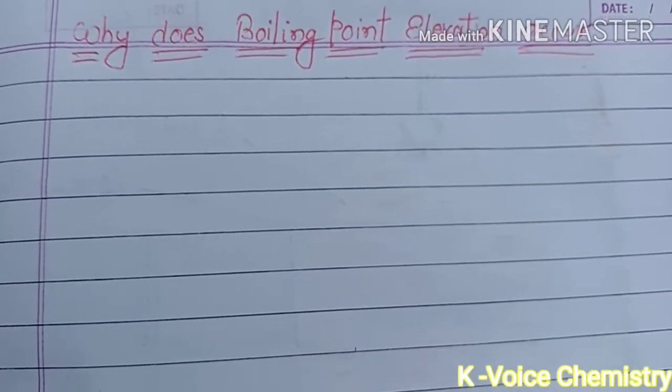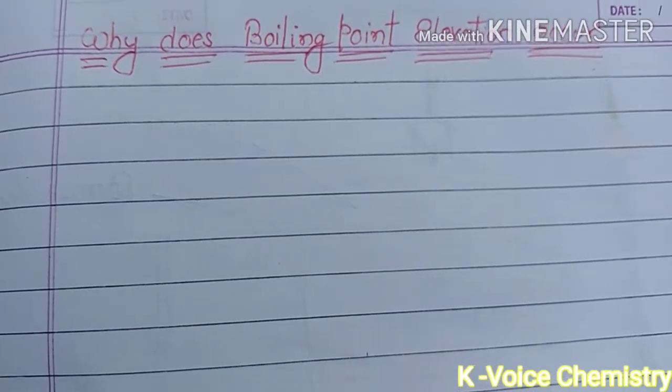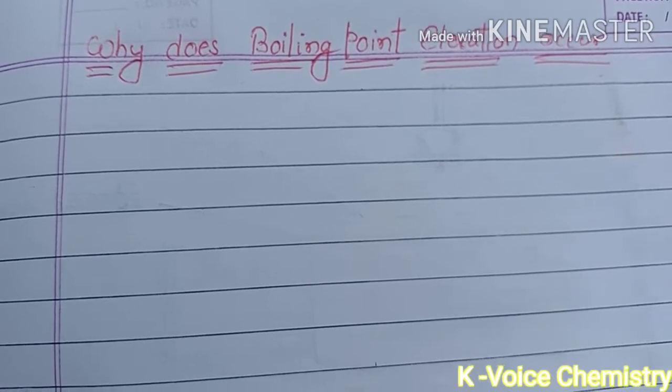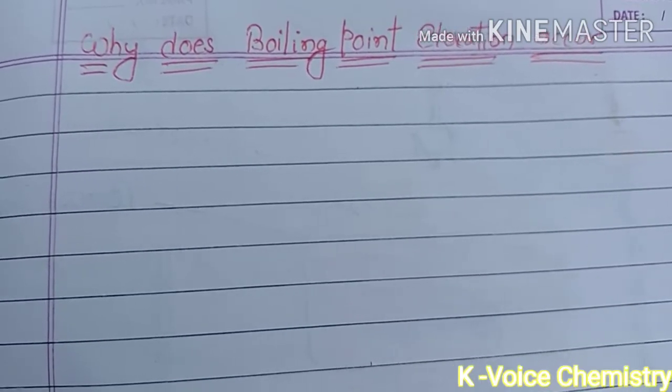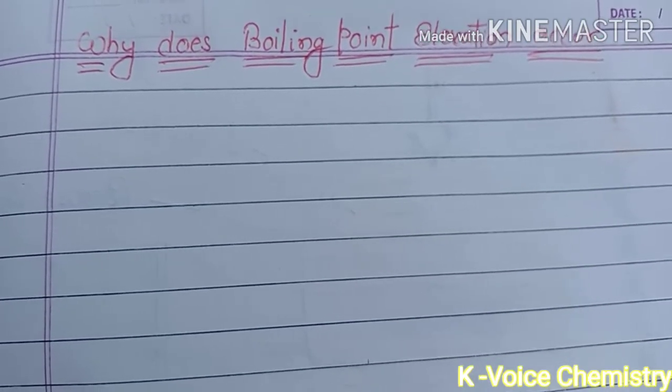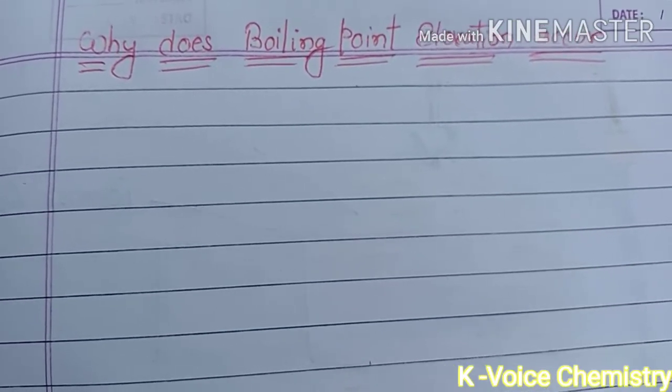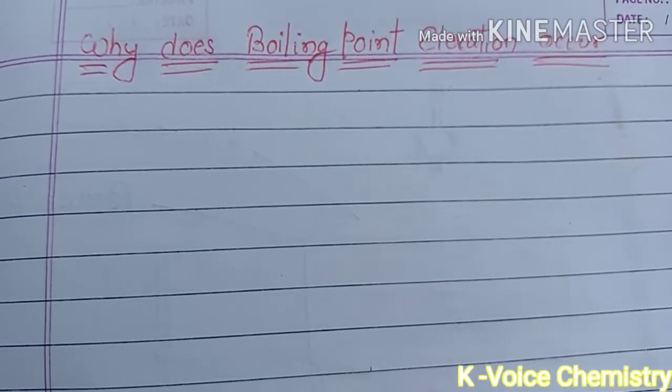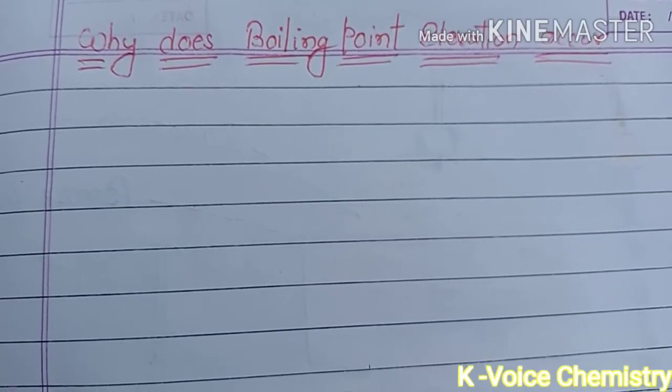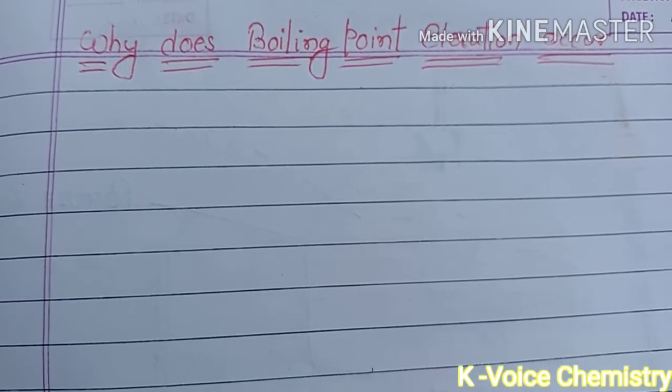Let us try to understand it in much more detail and discuss why boiling point elevation occurs. We know that boiling point elevation is a colligative property of matter, that is, it depends only upon the concentration of the solute and not the nature of the solute.